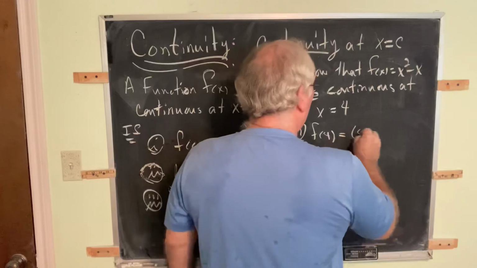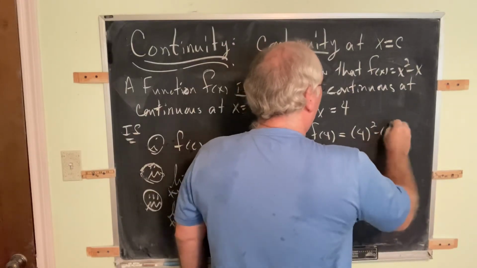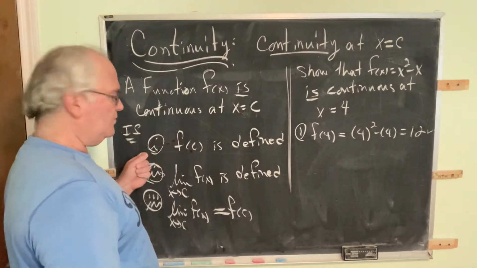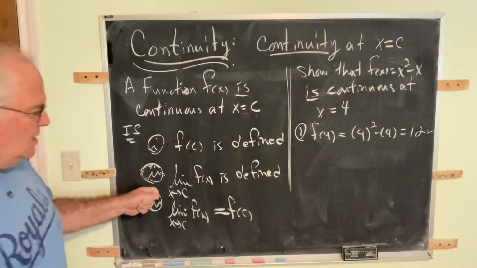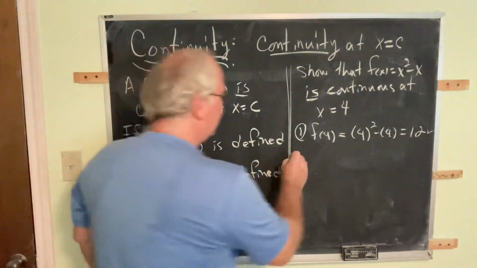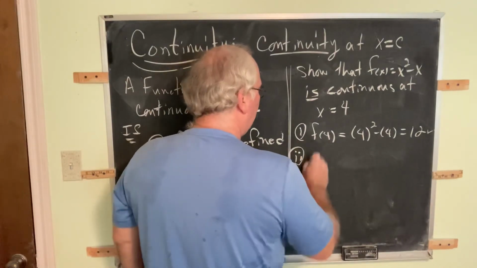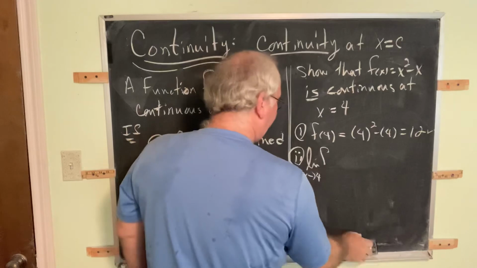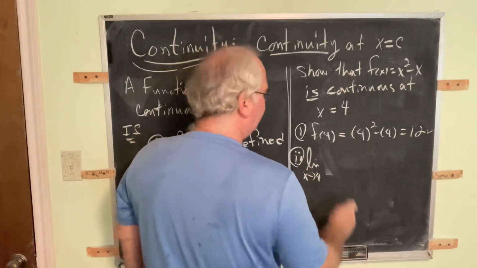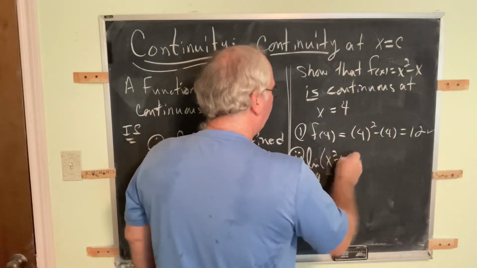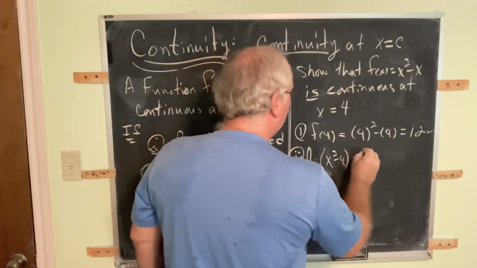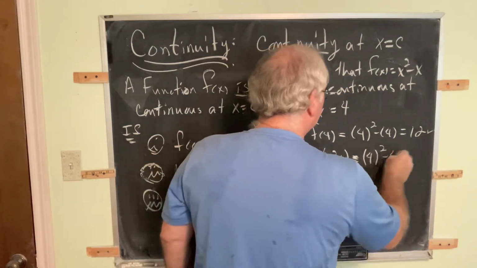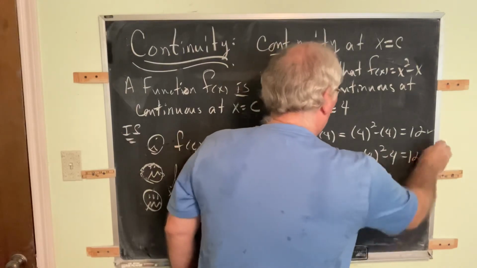Well, that's 4 squared minus 4, which is 12. Ding! Condition 1 has been met. Number 2. What is the limit? Do you get an answer for the limit? What is the limit as x approaches 4 of my function, which is x squared minus x? Well, plug and chug, that's 4 squared minus 4, which is still 12. Ding!